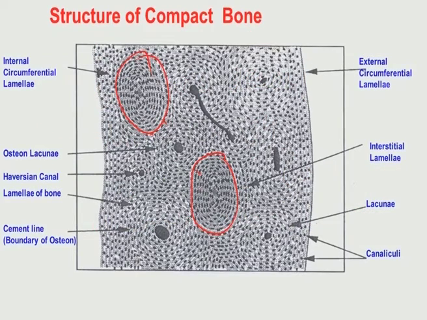Then osteon structures are concentric circles, and these concentric circles are arranged in a very random manner in this entire cortical bone structure.